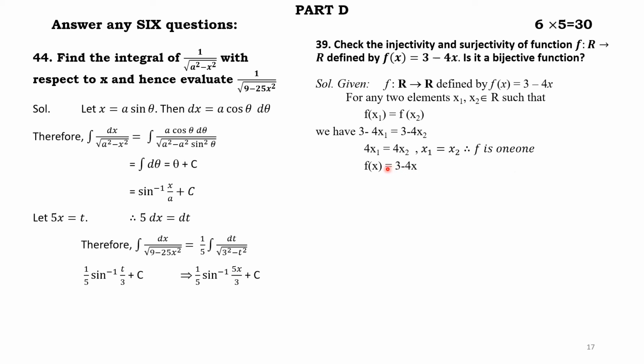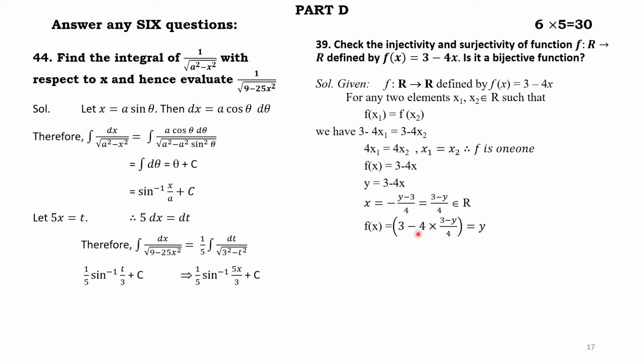Now, f(x) is equal to 3 minus 4x, or y is equal to 3 minus 4x. Therefore, x is equal to (3 minus y) by 4, that is belonging to R. Therefore, f(x) is equal to 3 minus 4 into (3 minus y) by 4, that is equal to y.